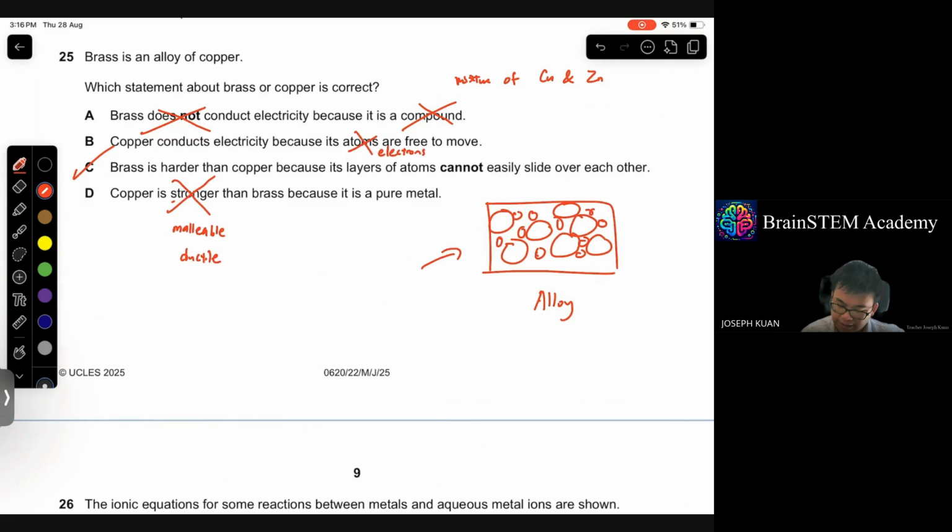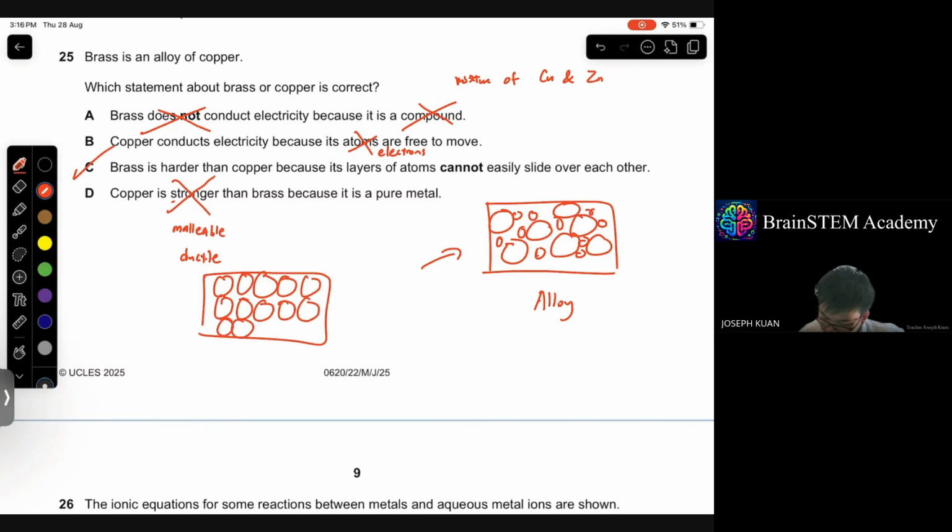In other words, they are easily bent, because these particles have the same size, so it's easier for the layers to slide past each other. So 25, the answer is C.